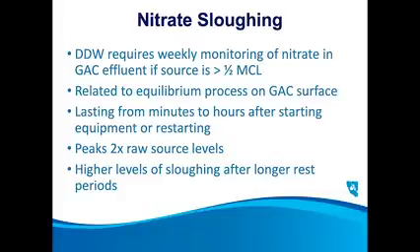So the nitrate will hold onto the GAC, and then it will come off in a flush at the beginning of startup or after you've been down for a little bit. It can sometimes peak at 2 times the raw source level, so it is a concern to us. We want to make sure we don't have high nitrate in our distribution system. And then you can sometimes have higher levels of sloughing after longer rest periods. So these were the things that we tried to design into the treatment.